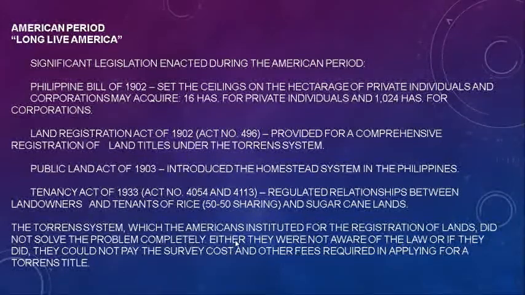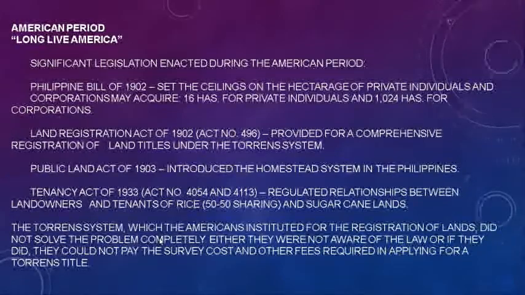Either people were not aware of the law, or if they knew the law, they could not pay the survey costs and other fees required in applying for a Torrens title. If you hear your grandparents or your parents talk about this, I think this is still somehow a problem, because it really costs a lot when one would transfer a land title. But such policies by the Americans, as I've said, did not even solve the problem.